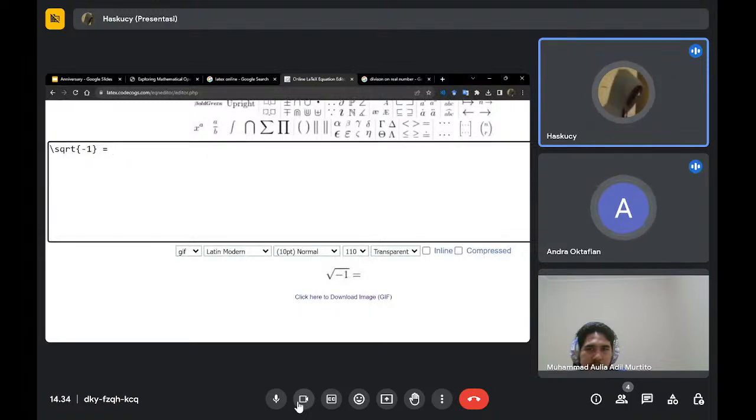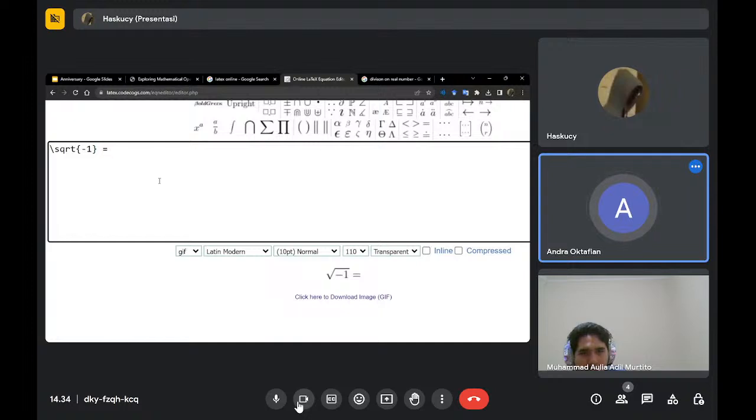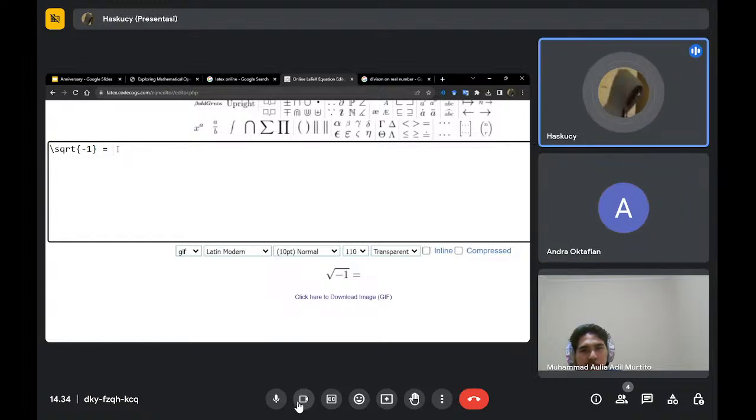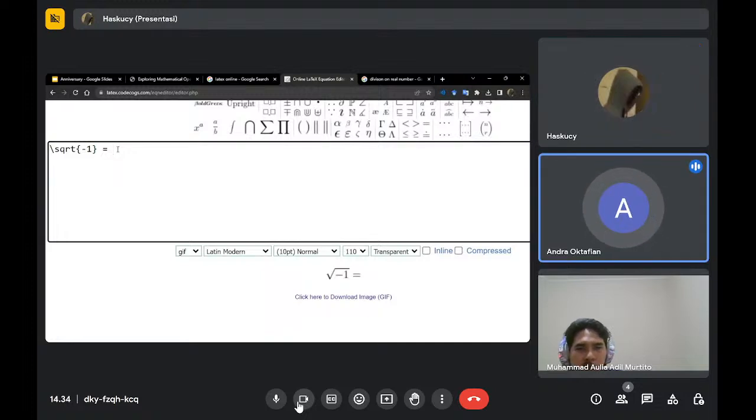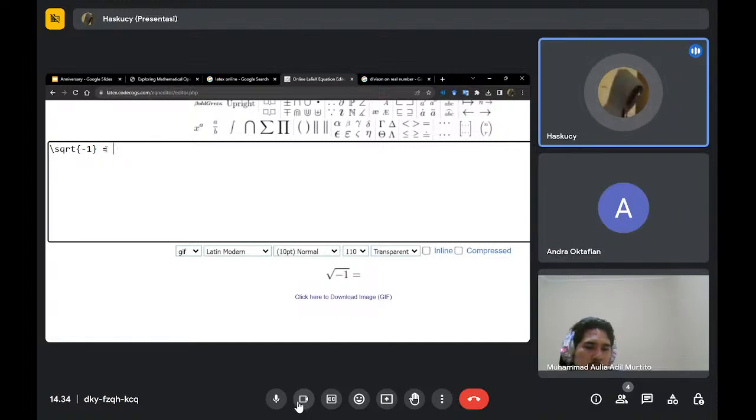It must result in either minus 1 to the power of 2 or 1 to the power of 2. Oh no, I think that's not right.